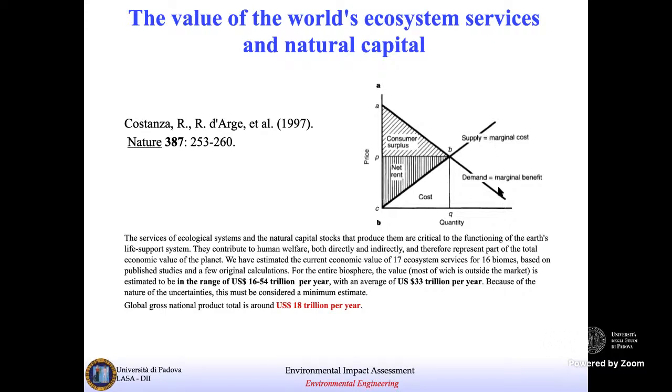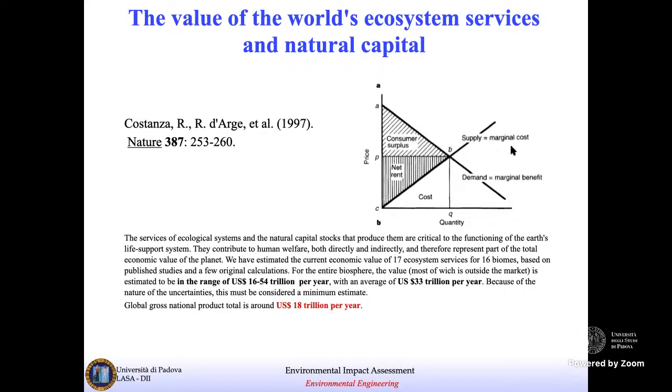So the more scarce a product is, the more its cost. On the contrary, the marginal costs have a reverse linear behavior. From the economist's point of view, the point of equilibrium of this model is when you have a crossing of the lines of costs and the lines of benefits.